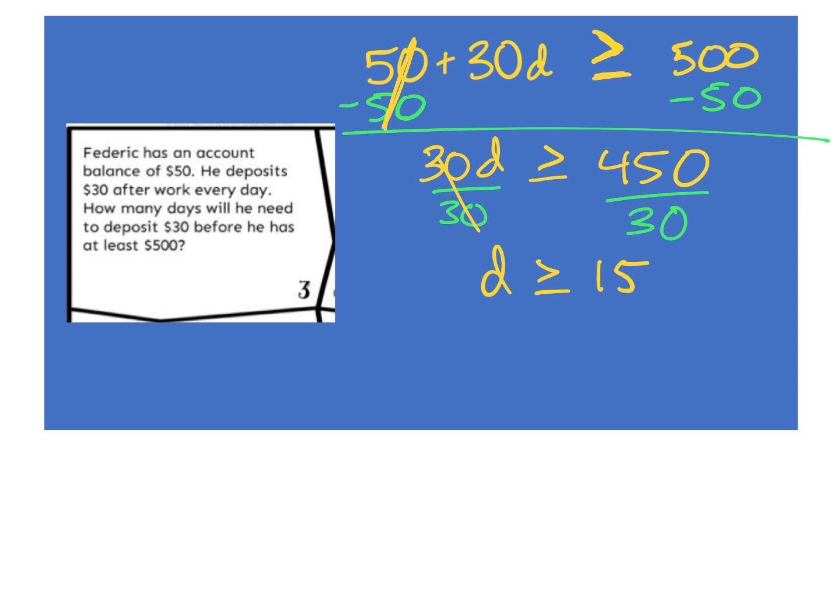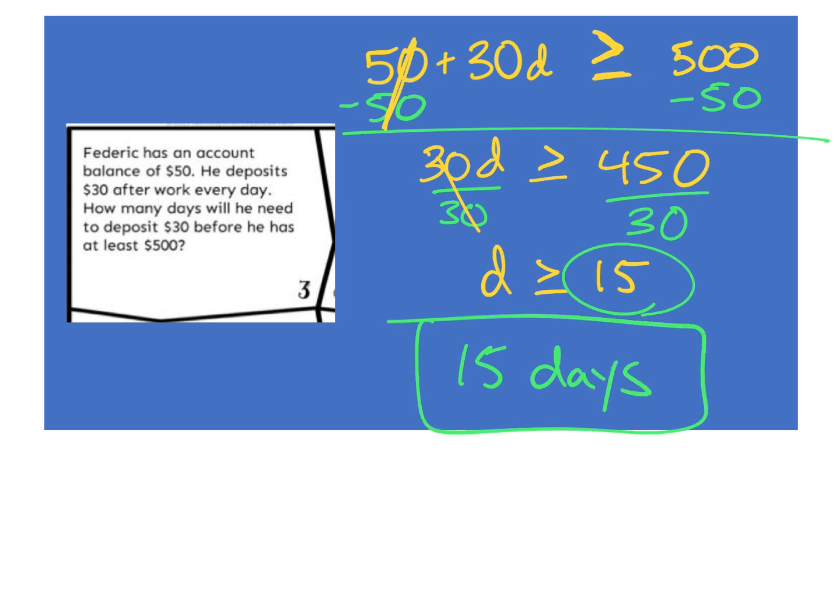Yeah, day 15. How we know that is because 15 is the lowest number it could be to make that equation true. So it would be at least 15 days. That is the smallest amount of time that it could be to be above 500.